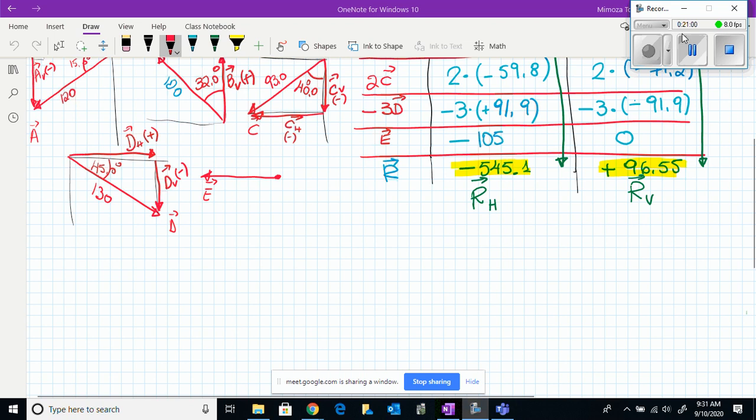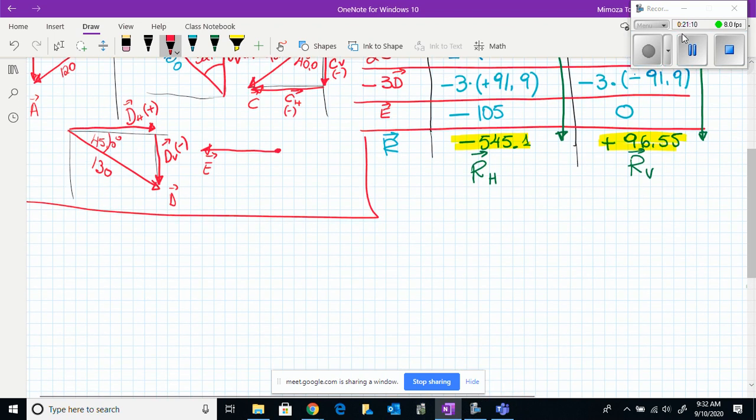So negative in the horizontal means west. I will draw it here. And negative in the horizontal means west. So we will see something like this.